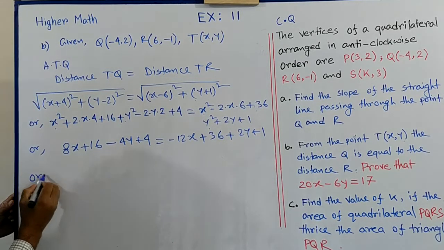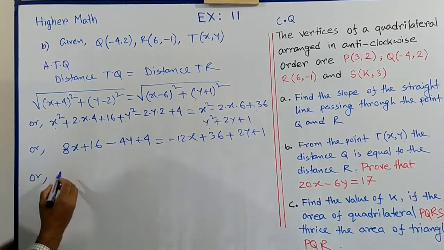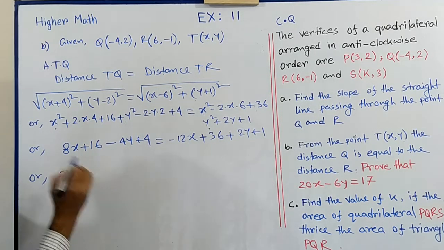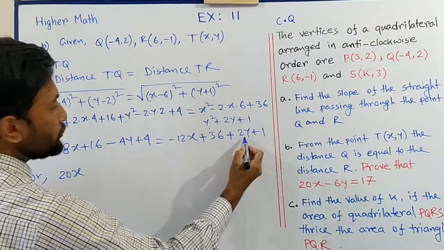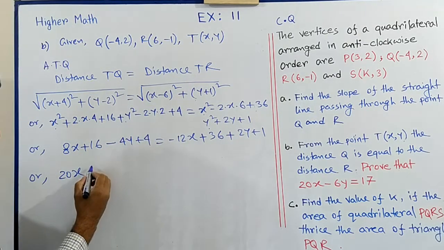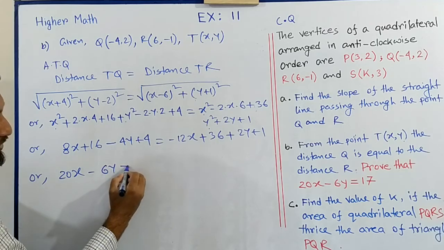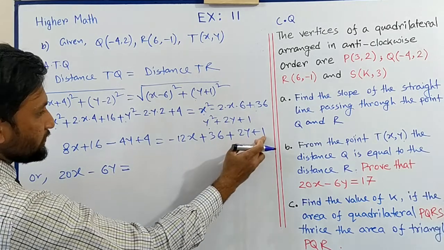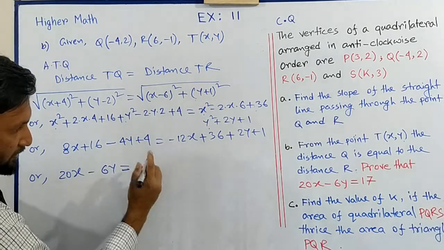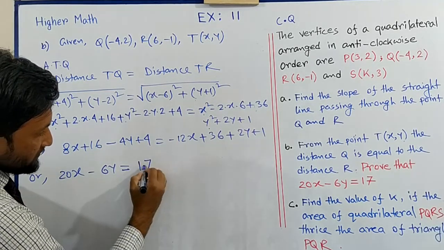Okay, now by simple calculation, on both sides, 8x plus 12x means 20x. And then here 2y minus 4y, so minus 2y; if we transfer it to the left hand side, minus 6y equals 36 plus 1, 37, and then minus 16 plus 4, 20. 37 minus 20 means 17.